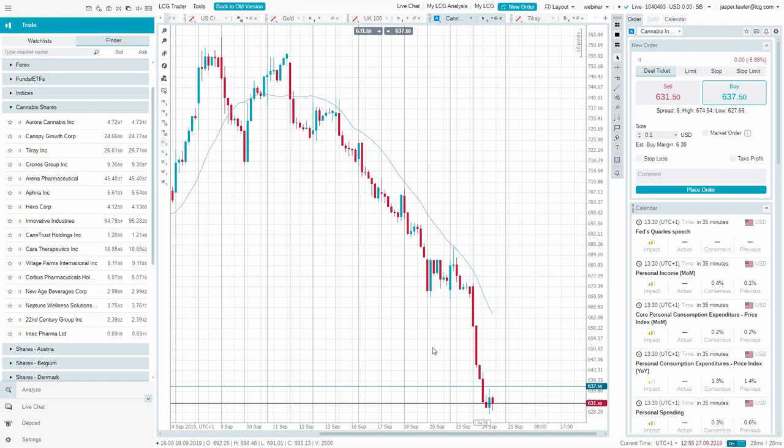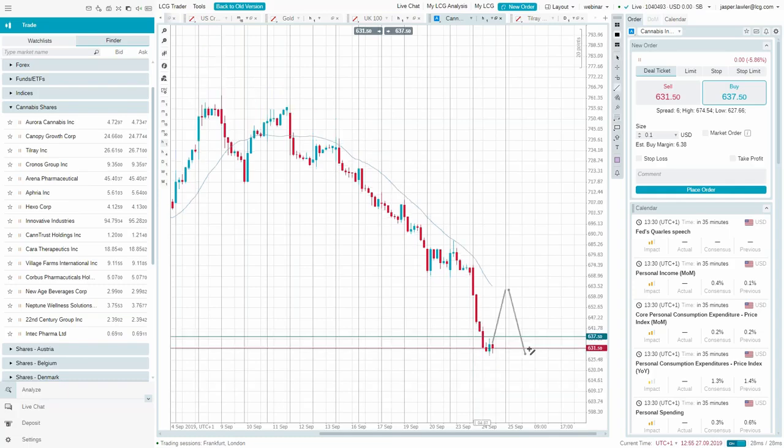So if the market developed like this, we've had a big leg down here, say we rallied up, then the market tried to come down and make a new low, but failed to do so. And then there was a bit of stuttering around.